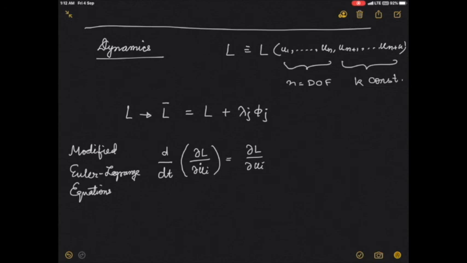This is my usual celebrated Euler-Lagrange equation. All I have to do is add lambda j del phi j del ui.